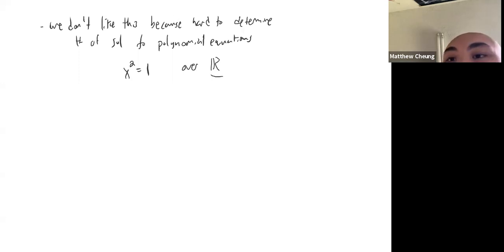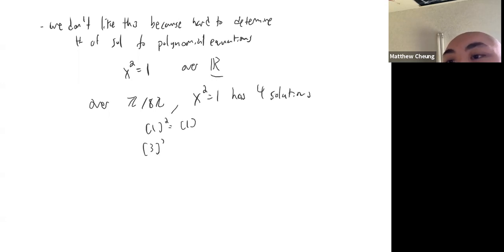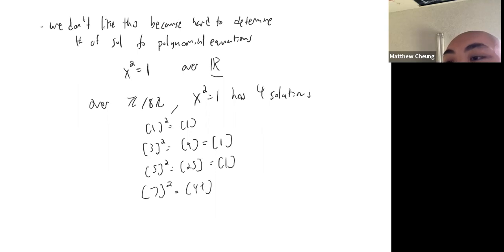But you see the issue over Z mod 8Z. x squared equals 1 has 4 solutions. 1 squared is 1. 3 squared is 9, and 9 mod 8 is 1. 5 squared is 25, and 25 mod 8 is 1. 7 squared equals 49, and 49 mod 8 is also 1.